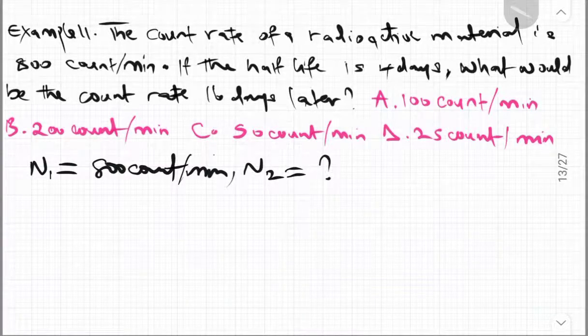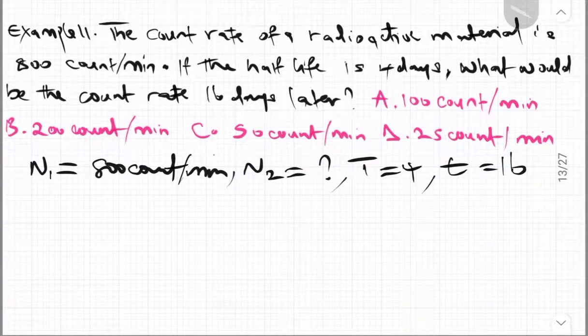Which we don't know. We are given the half-life, which is capital T, to be 4 days, and small t, which is 16 days. So let's see if we can get the number of half-lives.